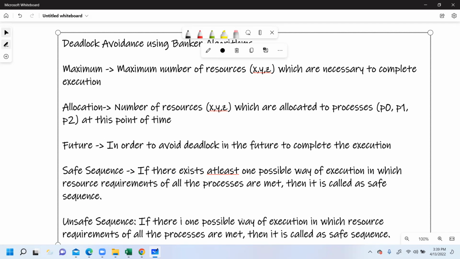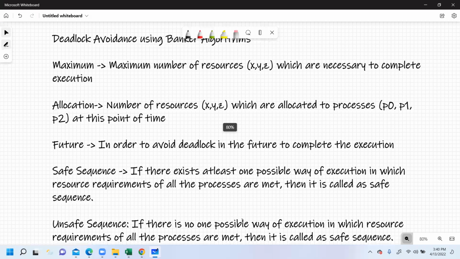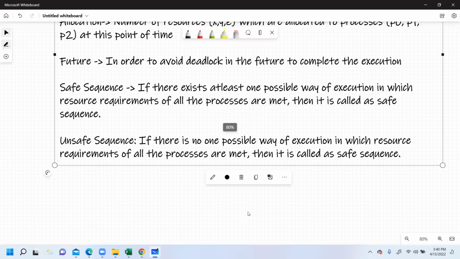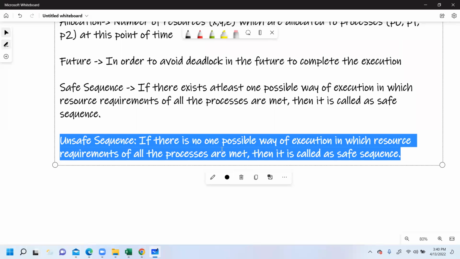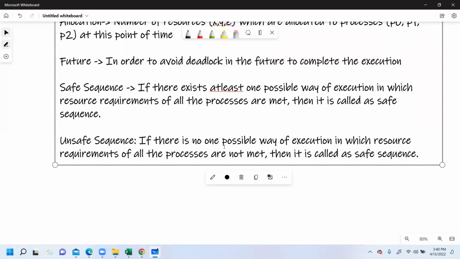If there is no possible way of execution in which the resource requirements of all the processes are met, then it's called an unsafe sequence.